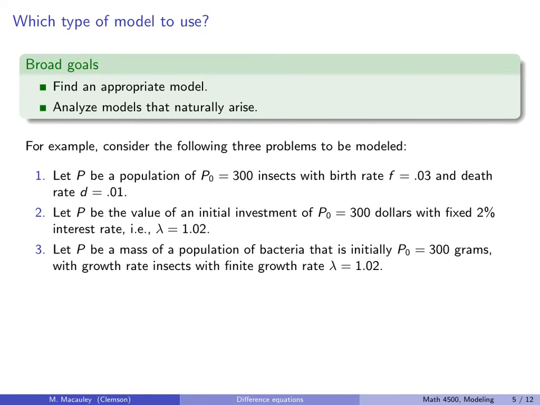So analyze models that naturally arise. For example, let's consider 3 problems to be modeled, and let's discuss what techniques we might want to use. The first one, we have a population with 300 insects, and it might be, again, 300,000 insects or something. It doesn't matter. 300 insects with birth rate 0.03 and death rate 0.01.